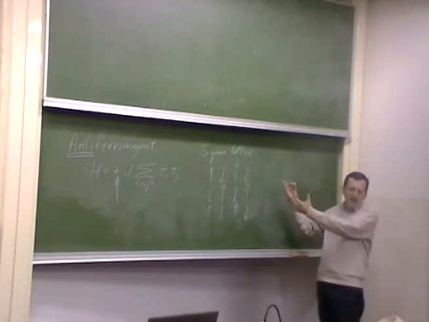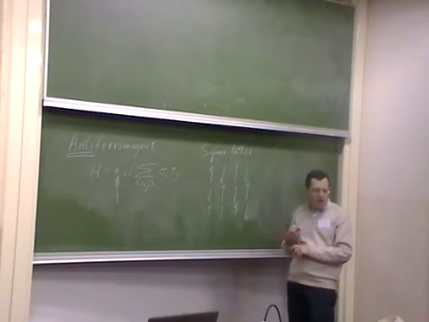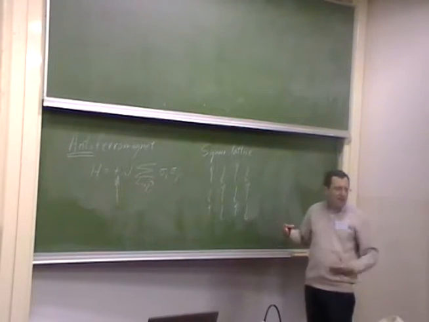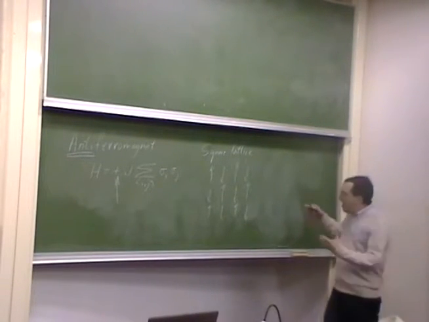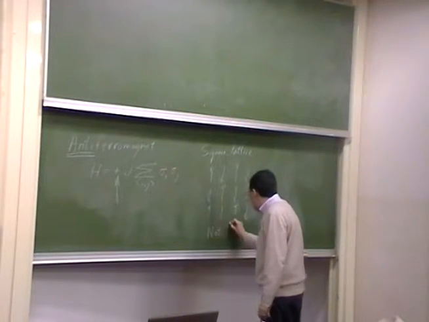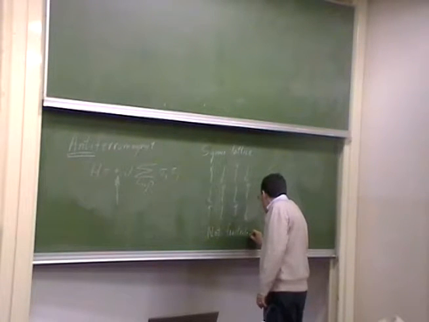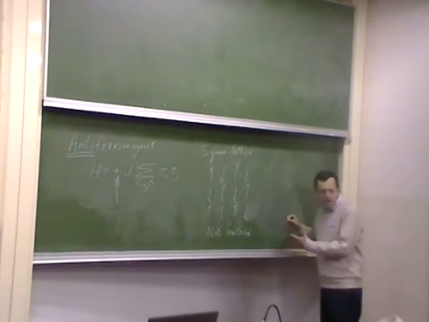Everything is ideal, right? Every site has its favorable configuration with respect to its neighbors. So this is an unfrustrated system, just as a cholesteric phase is a liquid crystal that's not frustrated.